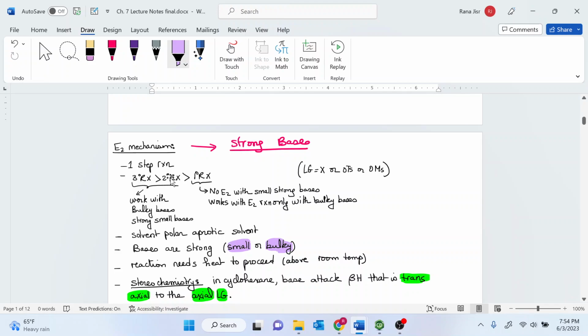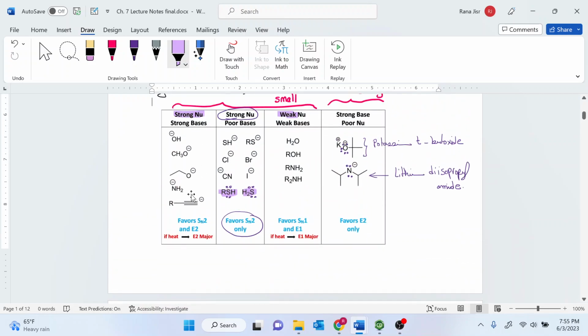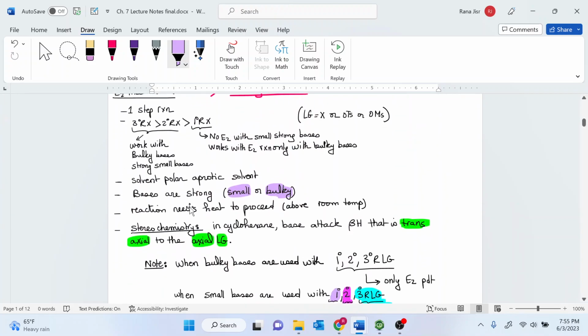Same thing for secondary alkyl halide. But if you wish to carry out E2 with primary alkyl halide, you just need a bulky base. You cannot carry it out with a small strong base. So any of those small bases that you see in here will not work with E2 elimination if the substrate that you start with is a primary alkyl halide.